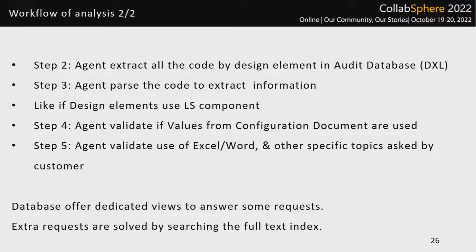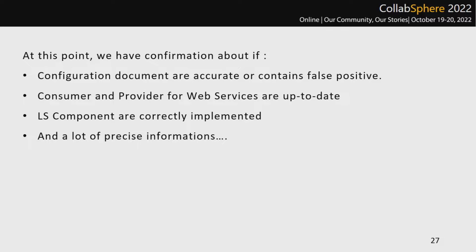And then you fill the view you will see after. Otherwise, you can still make a complete search with the full text index in the principal view of code. So at this point, you have accurate information about configuration documents, web services, LotusScript components, and more.